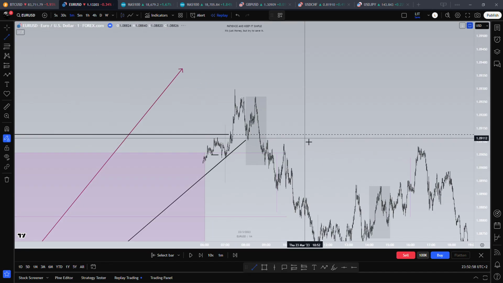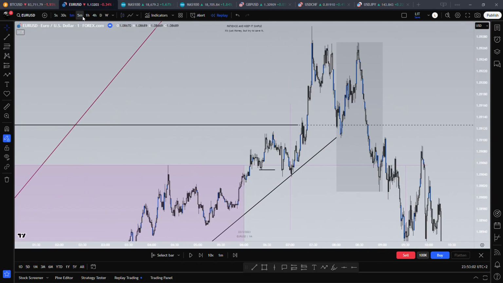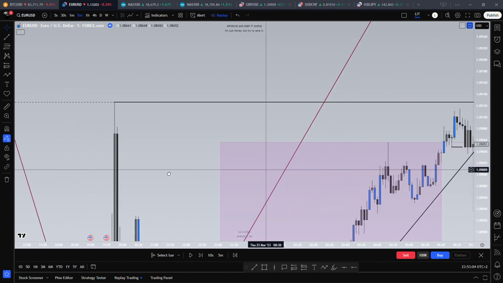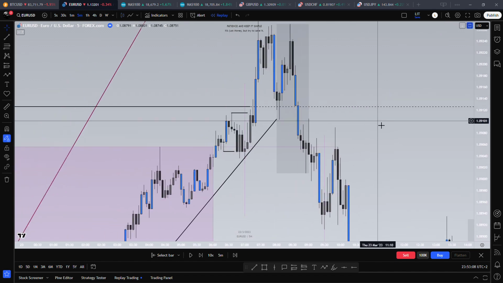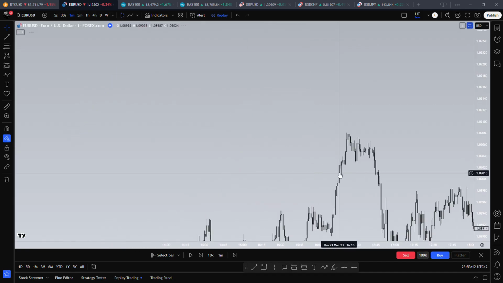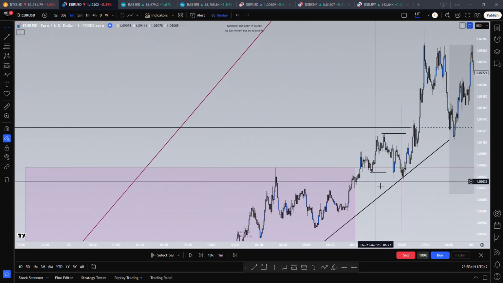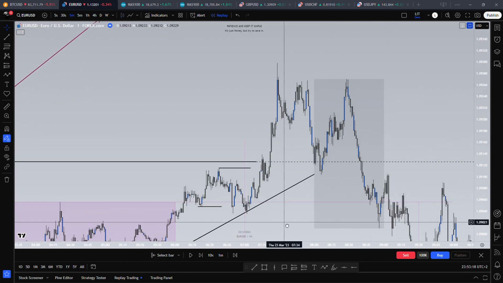So knowing that we can take the high, I could have waited for this, as there's no reason for having a BOS here and looking for a buy if we took this, but we didn't.